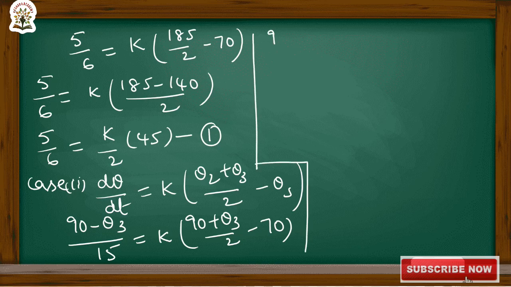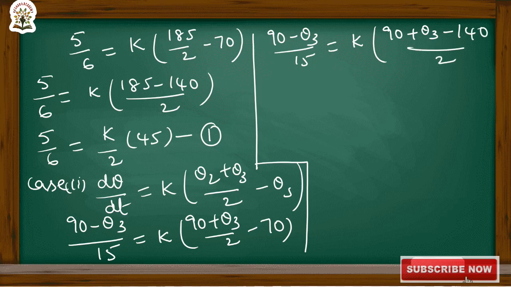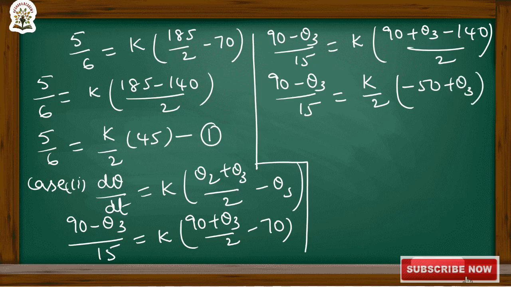Next, (90 minus theta 3) by 15 is equal to k of, taking LCM, (90 plus theta 3 minus 140) by 2. So this is (90 minus theta 3) by 15 is equal to k by 2 of (minus 50 plus theta 3). Consider this as equation number 2.